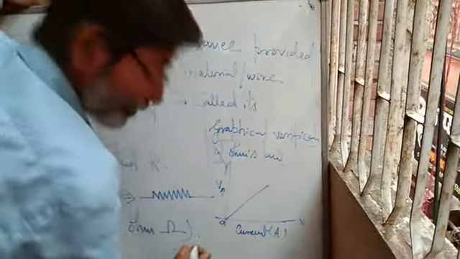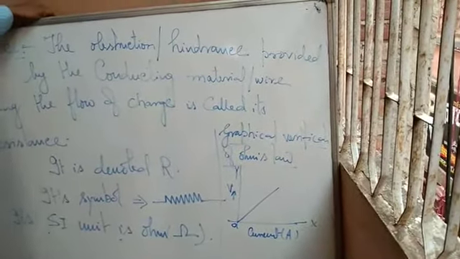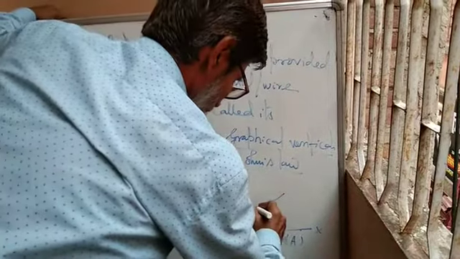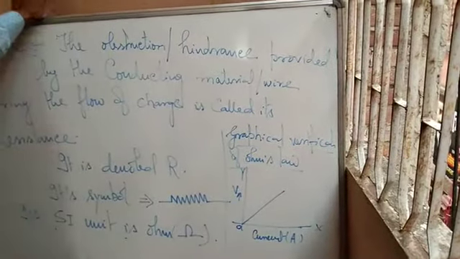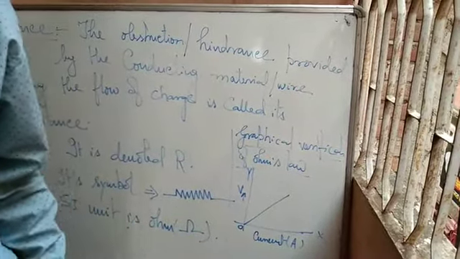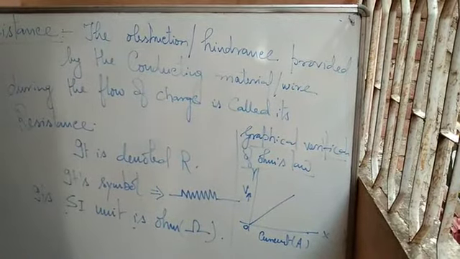This slope gives the resistance of the conducting material, which endorses the proportionality relation between potential difference and the current.